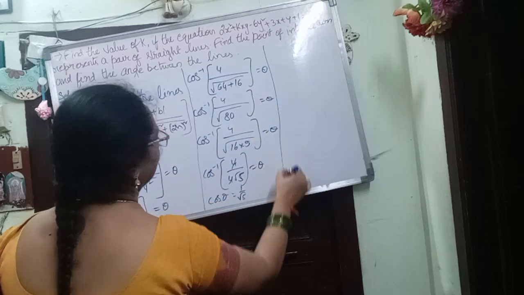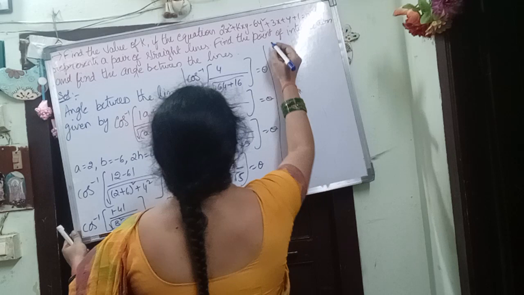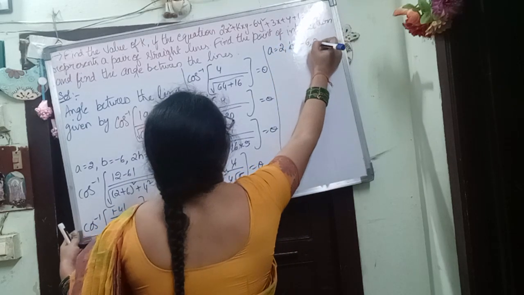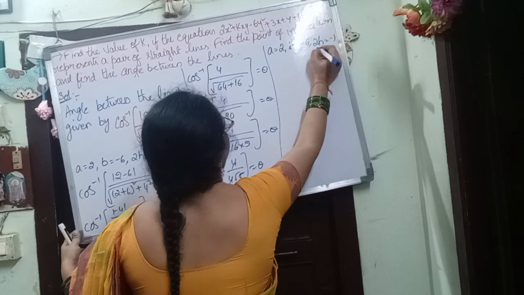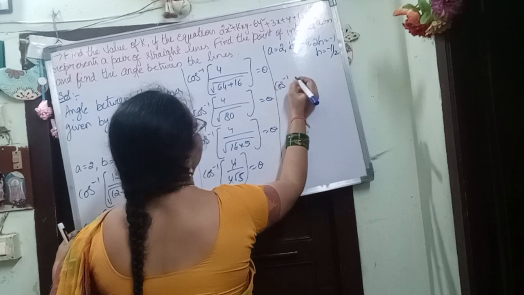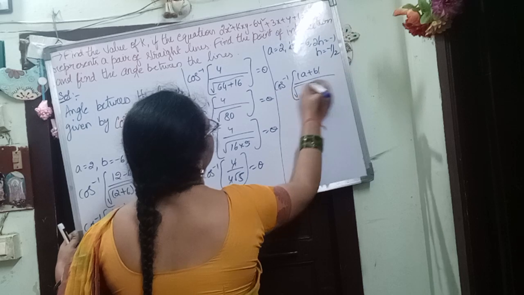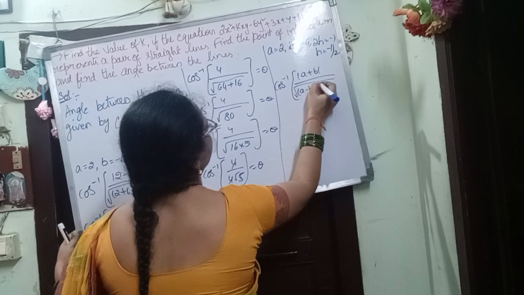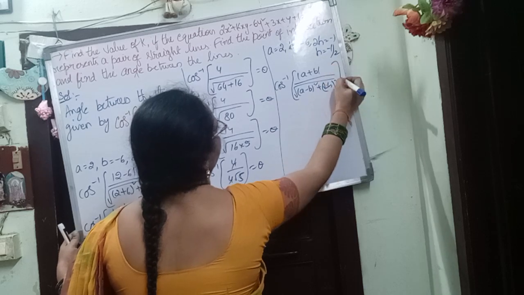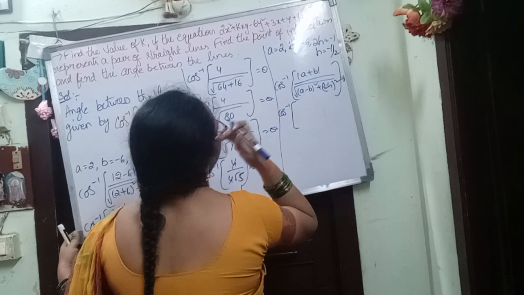Okay. Now substitute 2h equals minus 1 in the angle equation. a equals 2, b equals minus 6, 2h equals minus 1, h equals minus 1 by 2. So cos inverse of mod a plus b by root of a minus b whole square plus 2h whole square equals theta.